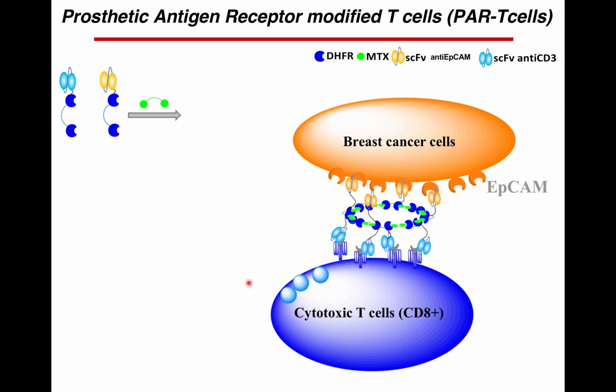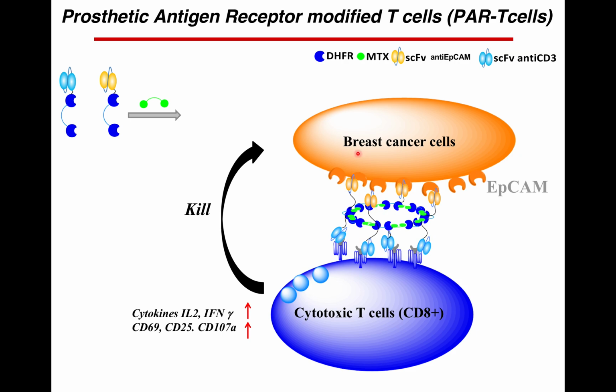They have an antibody, a binder that can target the cancer cell, and therefore associate the T cell with the cancer cell, the CD8 effector cell, causing activation and then cell killing.